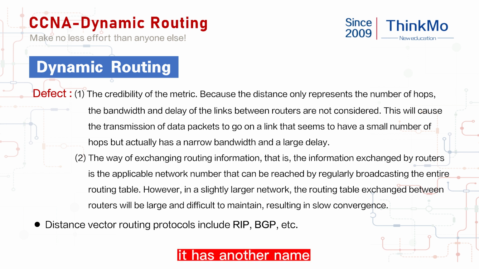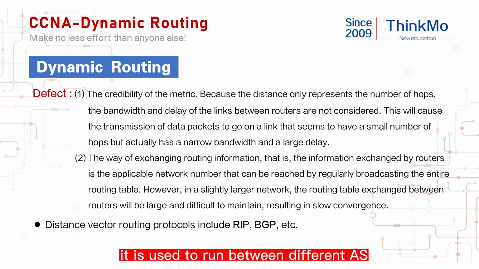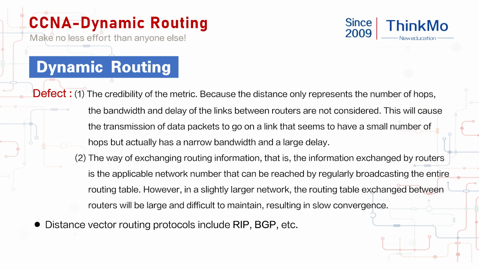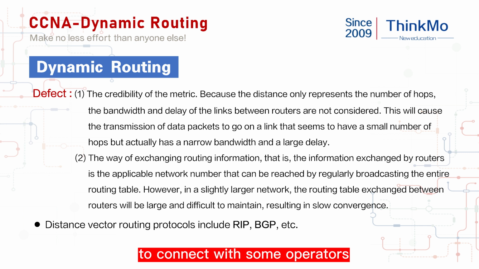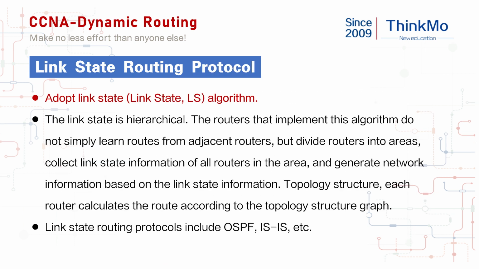It has another name. This protocol runs on the public network. We don't see BGP internally. It is used to run between different AS. For example, if your company is a very large company, to connect with some operators, BGP may be running in the middle. Including carriers may run BGP between them. It belongs to an external routing protocol.